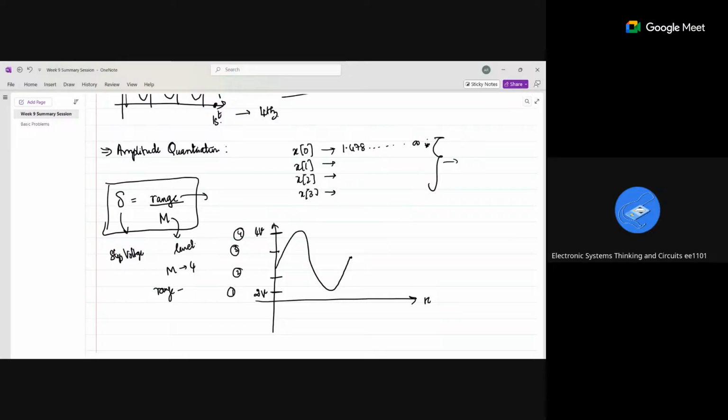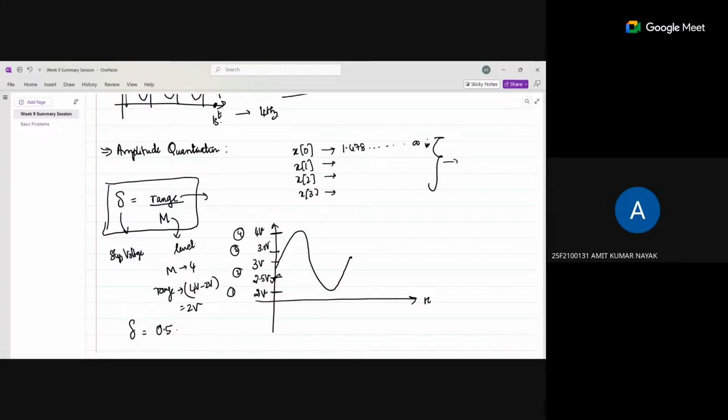My range is, what is my range here? It's 4 volt minus 2 volt, right? The range of the input value. So it is 2 volts. What is the delta value here? 0.5. Yeah. So what is this value, the point which I'm showing? 2.5, yeah, it's 2.5 volt. Then 3 volt, 3.5 volt, right?